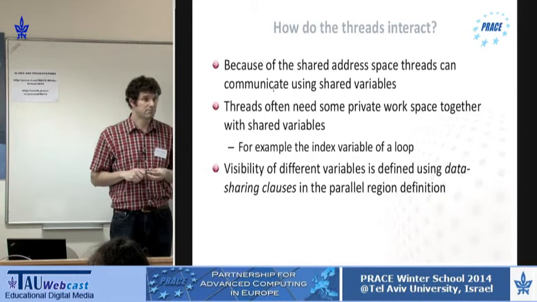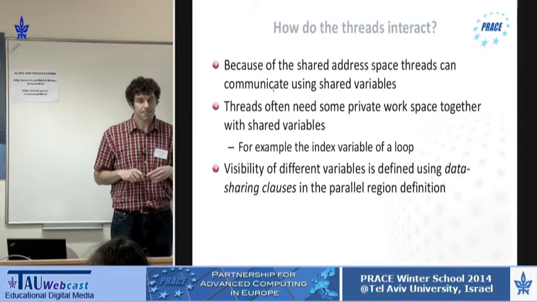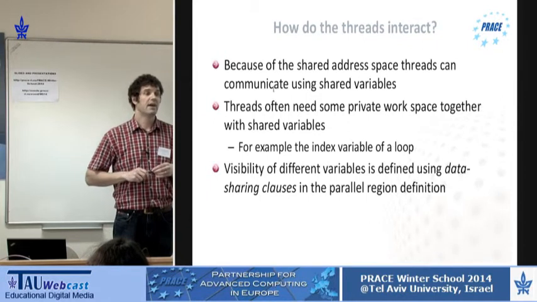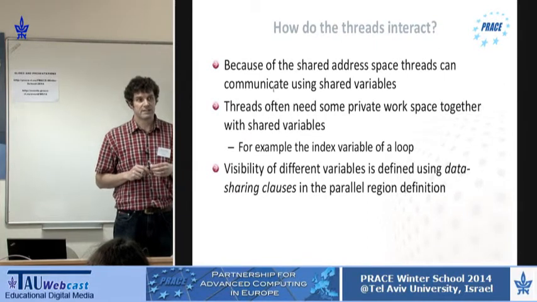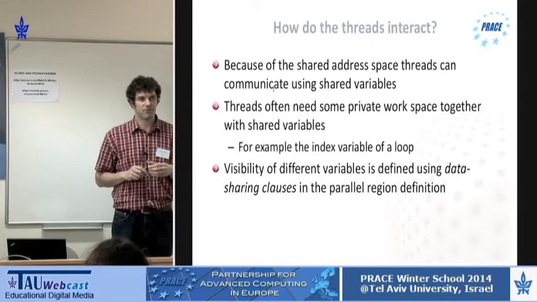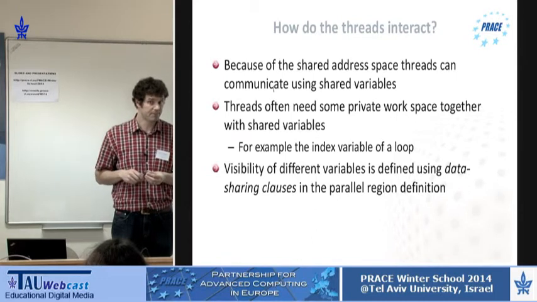For example, if we are making a for loop, and we have the loop index, and we have a parallel region over this loop, naturally we would like each thread to work only with specific loop indices and not with all of them.